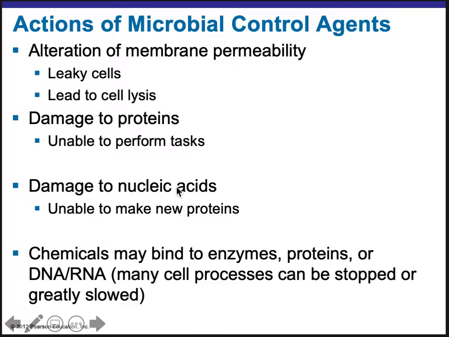It depends on the method and the extent of damage. Okay, chemicals may bind to enzymes and be inhibitors of enzymes. They might bind to proteins and inhibit the protein's normal function. You might even be binding to DNA or RNA and stopping certain processes or greatly slowing them down. Okay, so these are the main modes of action of control agents.